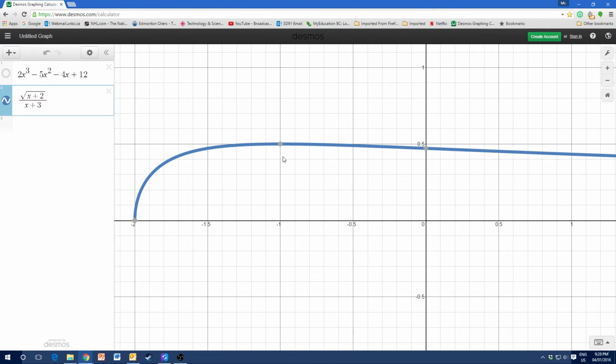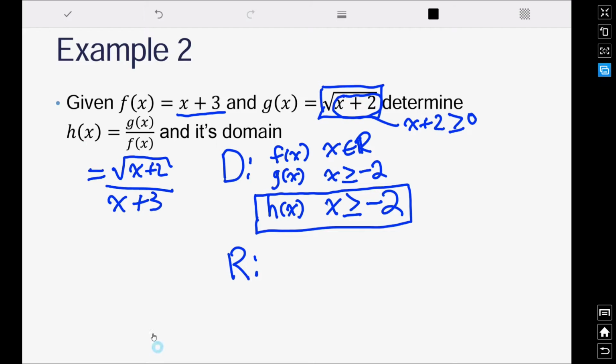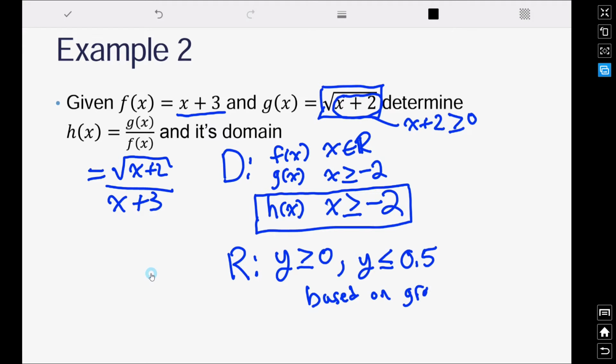So it appears then that the range is going to be y is greater than or equal to 0, but it is also less than or equal to 0.5. So that's my range, based on the graph.